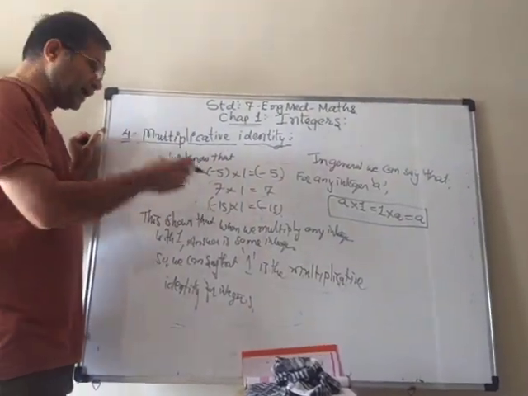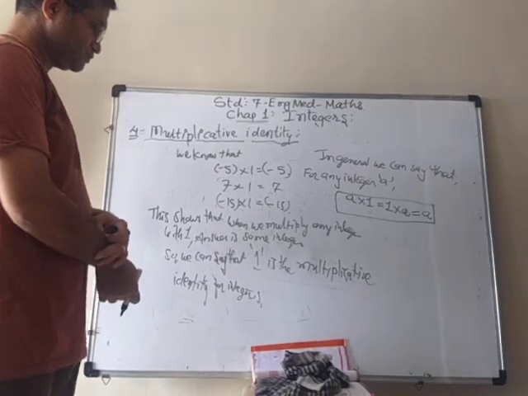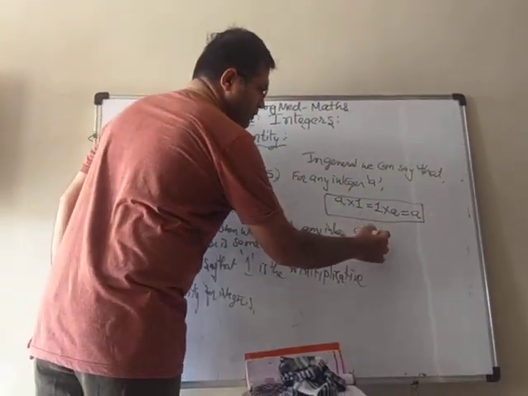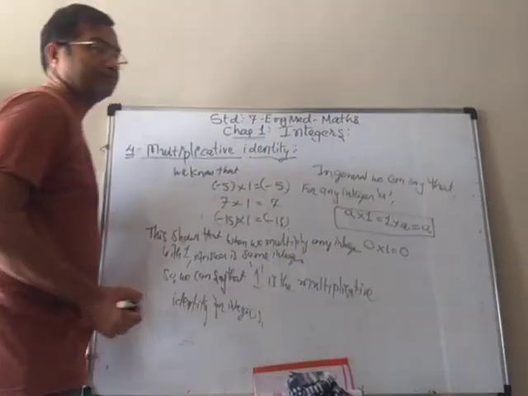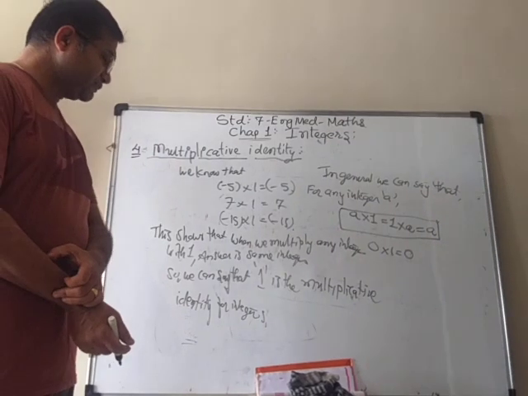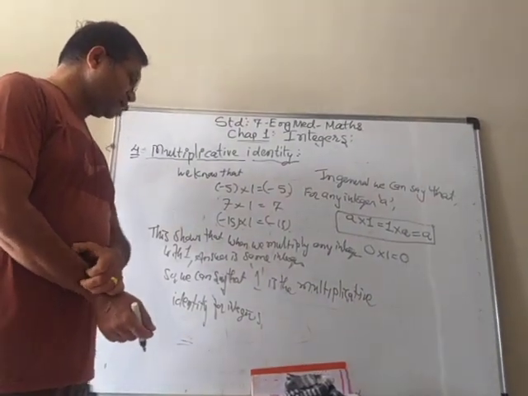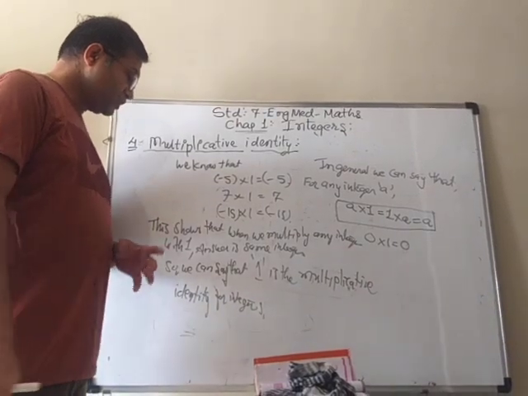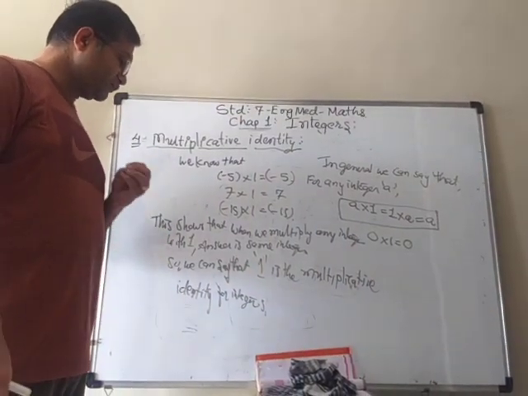This is true for any integer, positive or negative or 0 also, because we know that 0 multiplied by 1 is also 0. So here the multiplication of 1 with any integer gives you the same integer. So we can say that 1 is the multiplicative identity.